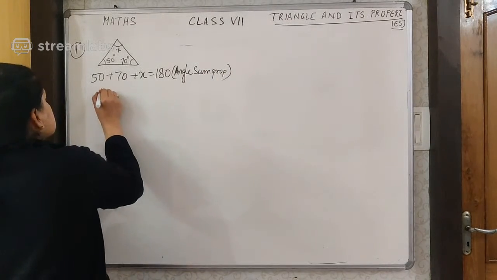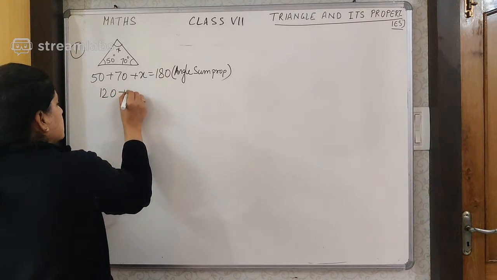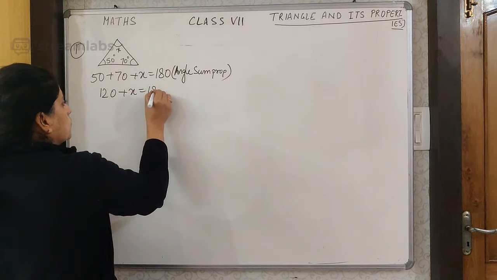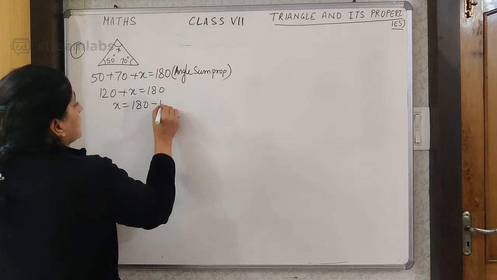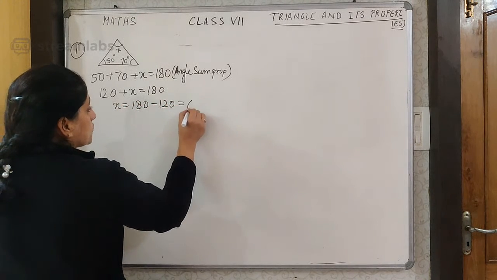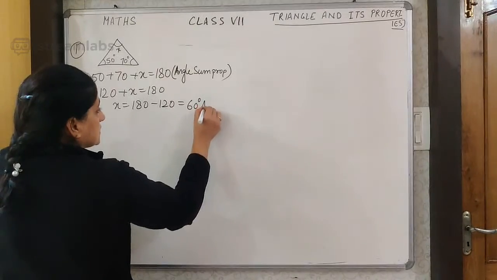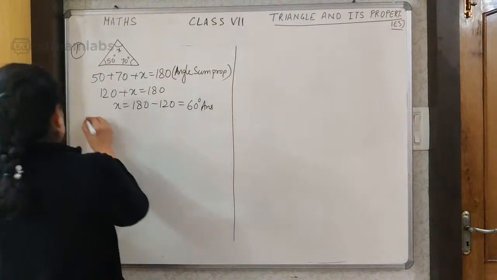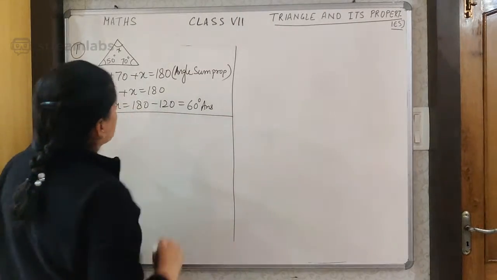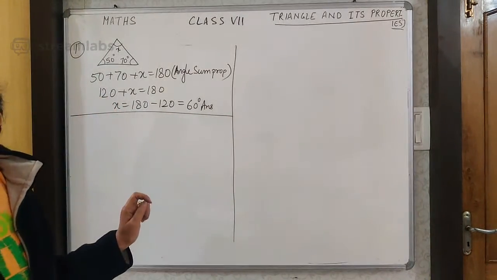And now it is very easy. 120 plus x is equal to 180. x is equal to 180 minus 120 is equal to 60 degrees is the answer for this particular x. Isn't it very easy?